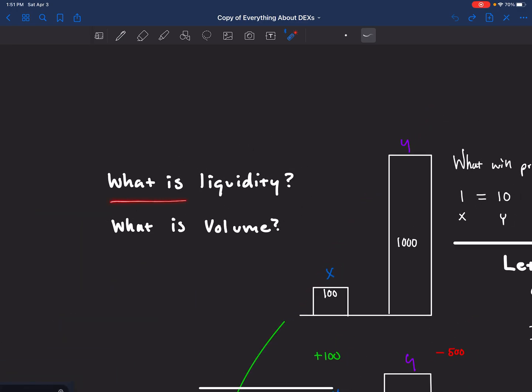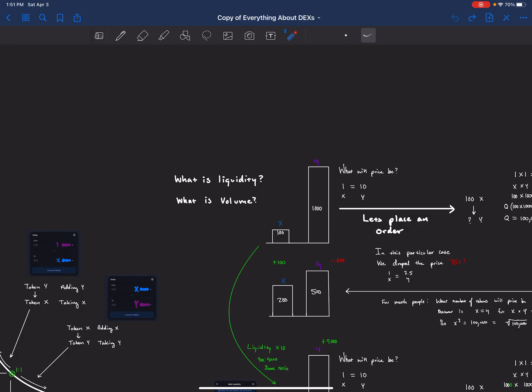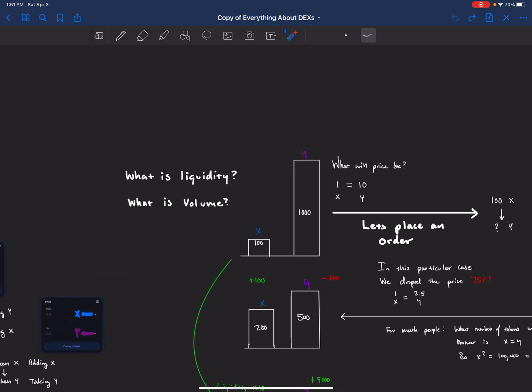So what is liquidity? Liquidity is how much money exists inside of a pool. These token pairs are a pool. Initially someone comes in and sets the price, so let's say this was just created. Someone added 1,000 of token Y and 100 of token X, and now it's a pool of tokens.